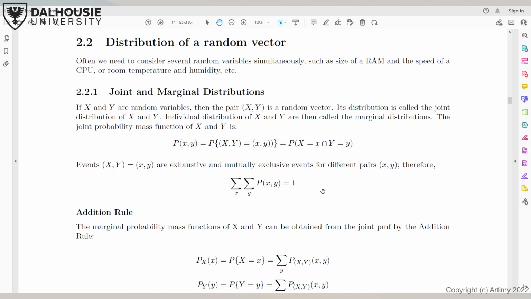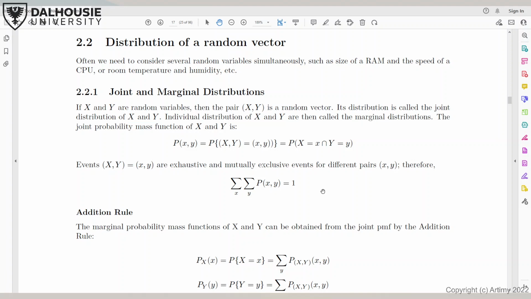So we have this issue of dependence or independence. When we talk about distributions, we get to discuss the distribution of two random variables happening at the same time, right?